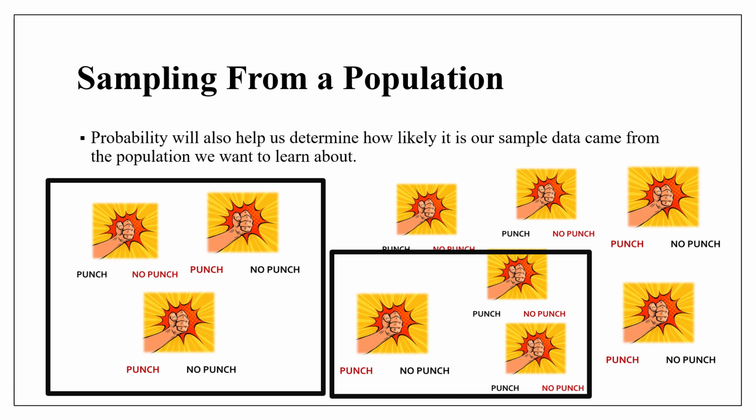So the odds now went from having a sample that has a 66.67% likelihood of punching people in the population, which probably we would say this population is quite aggressive, versus having 1 person punching another individual, which is representing 33.33%.